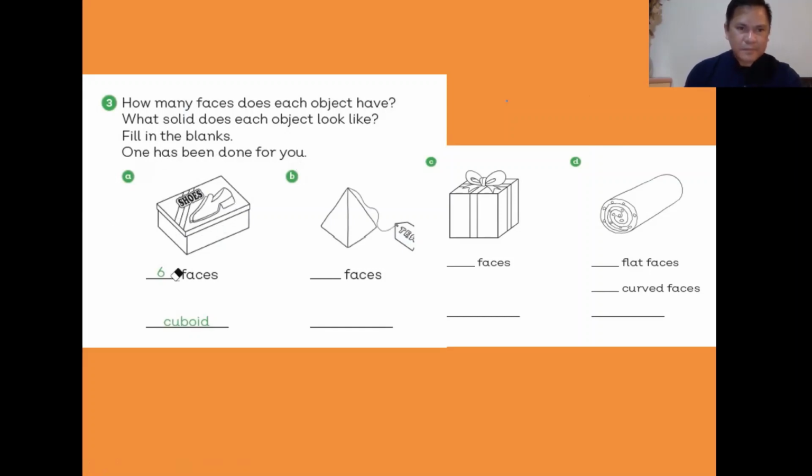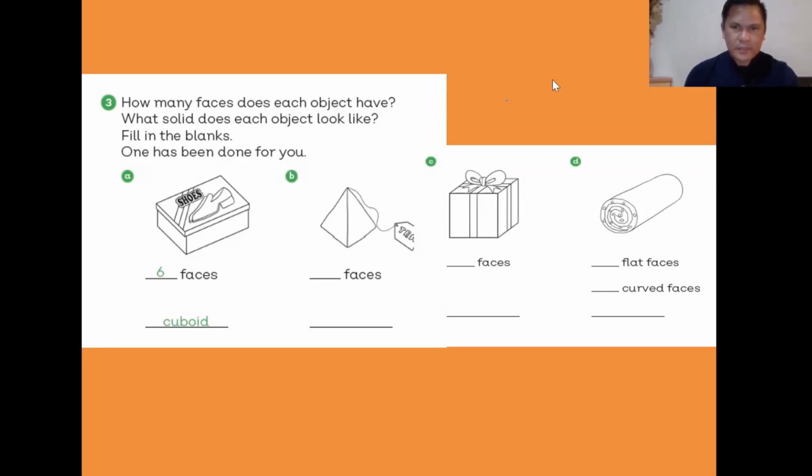So A has six what? 6 faces. Then we call this a cuboid. Then this one, letter B. Can you count how many faces there are?